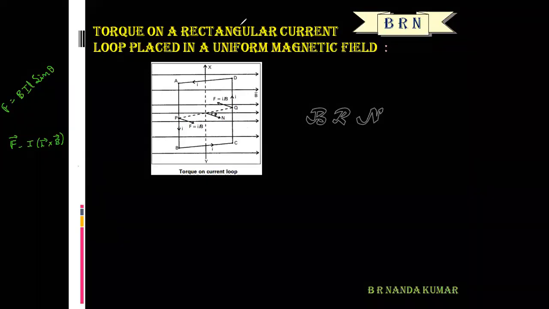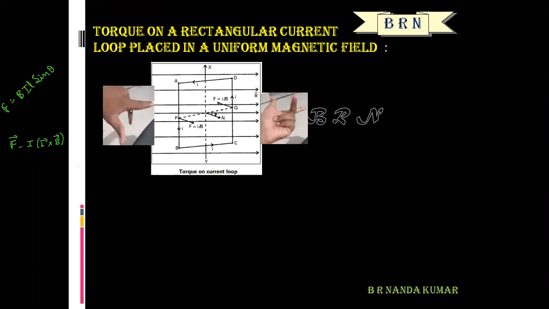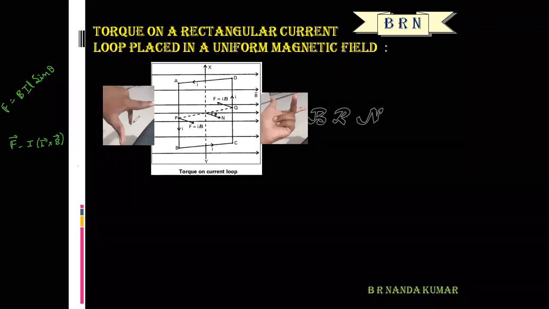It is very important. So that can be determined by using Fleming's left hand rule. Stretch out the first three fingers of left hand in three mutually perpendicular directions.